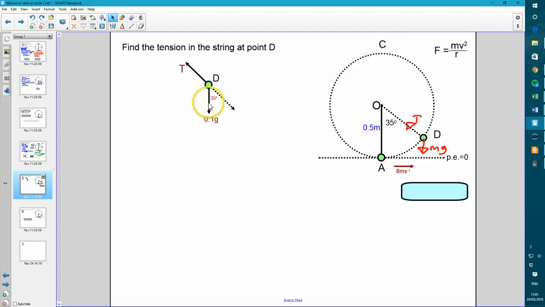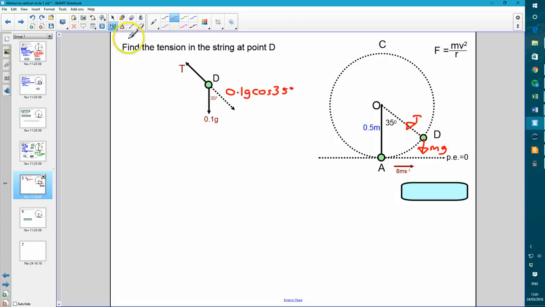So our net force this time is going to be made up of these two forces here, and in this direction we're going to have our weight, 0.1 g, and it's actually going to be cos 35. So 0.1 g cos 35 degrees.